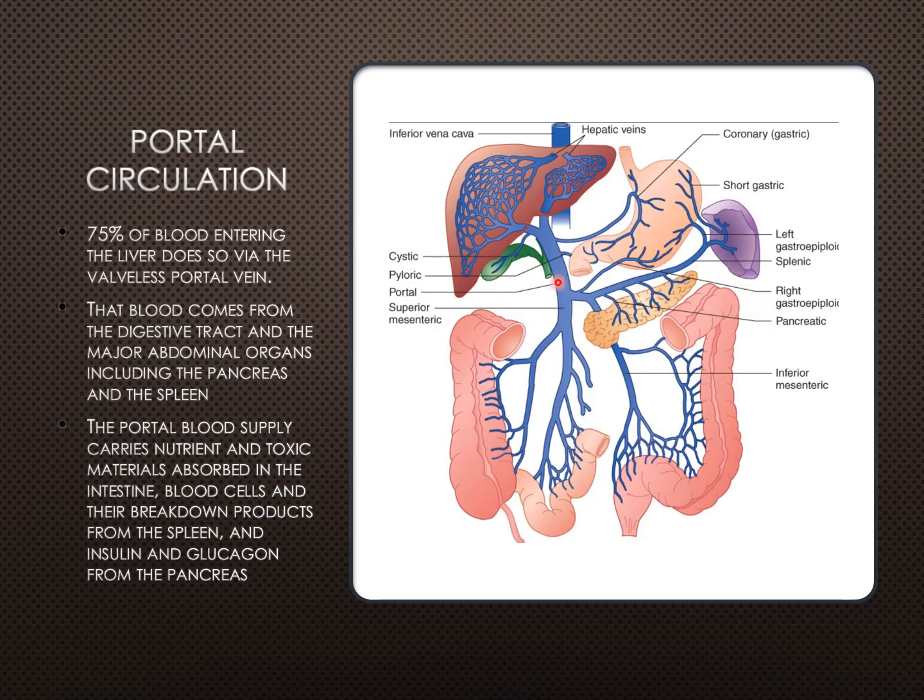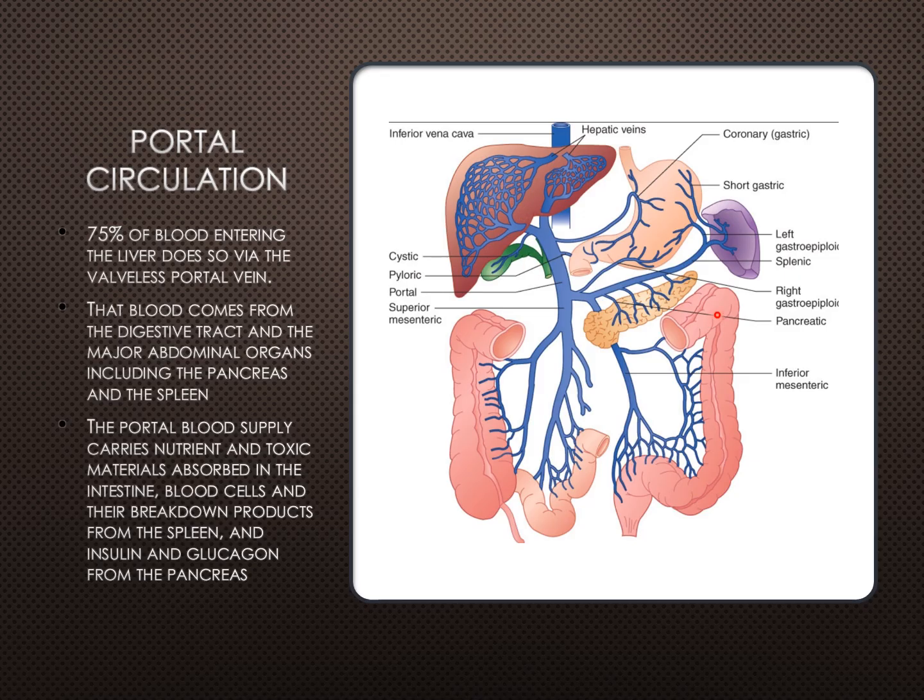And so again, that portal vein supplies the blood, but you can see all of these venous branches that are coming from the GI tract, the pancreas, and the spleen. Also, from the gastric artery that are emptying into the portal vein and then coming into the liver itself.